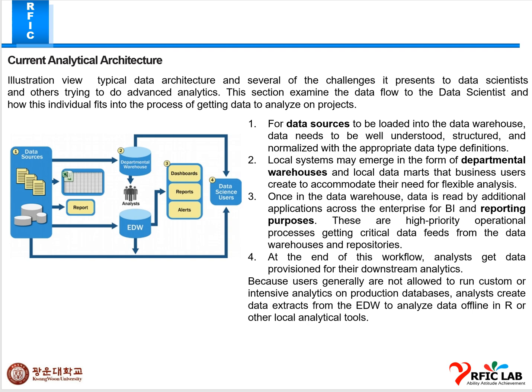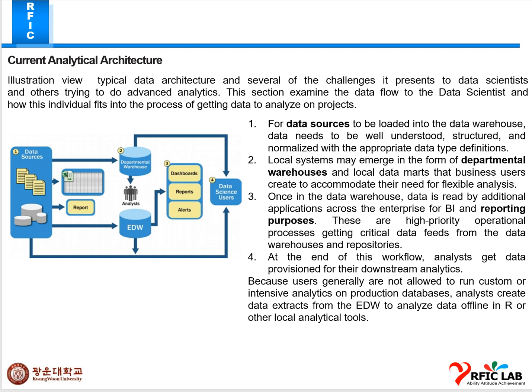Now in this, first is the data source. As you can see in this figure also, there is a data source in this architecture. First, data sources are loaded into the data warehouse, where data is stored, and data needs to be well understood, and it should be in structured and normalized form with the appropriate type definition.